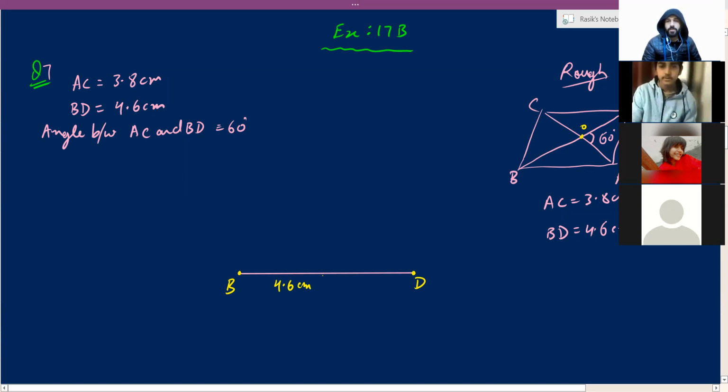So where will be O? 2.3. So mark a point O at a distance of 2.3 centimeters. So this whole length is 4.6, but the length BO is 2.3.